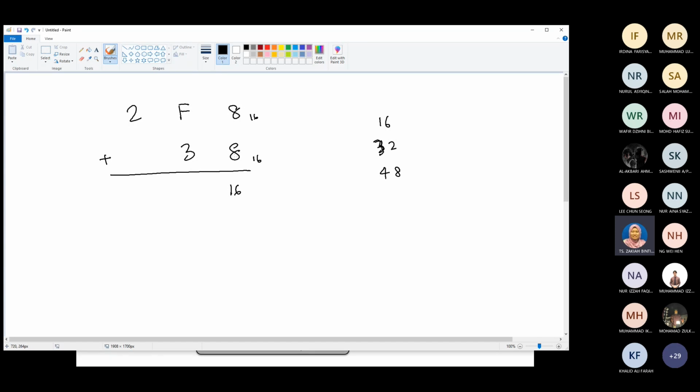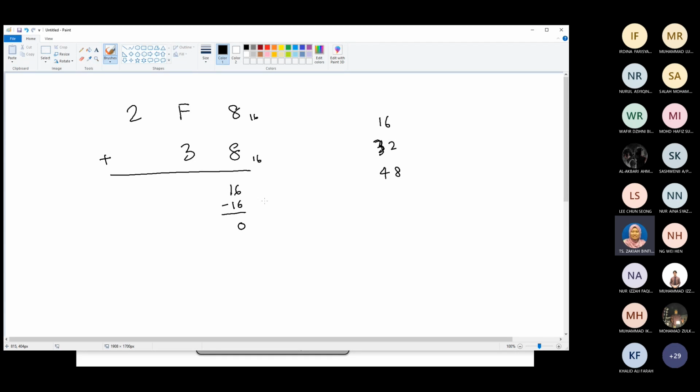So 8 plus 8 is 16. Try to subtract: if it's equal to 16 or more than that, you subtract 16 and you will get 0. So you will get 0 as your sum.